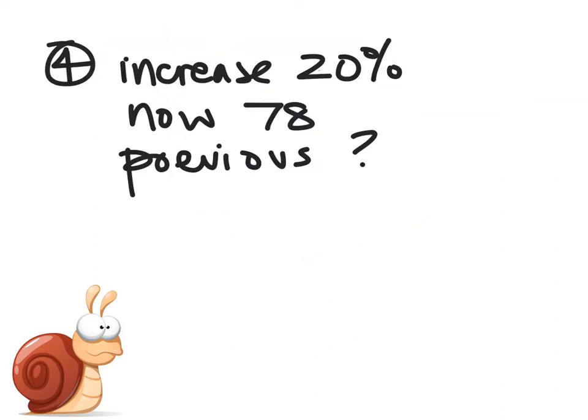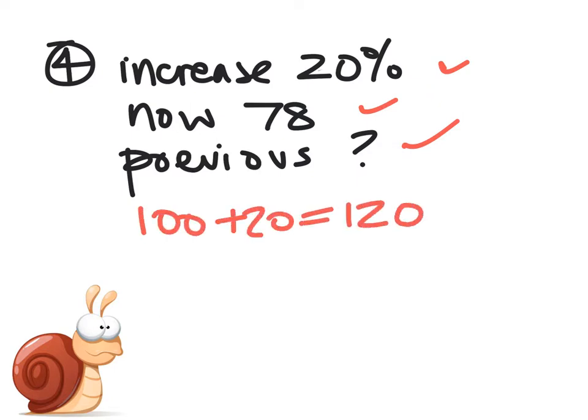Question 4. Okay, Zebedee's mark increased by 20%. It was now 78. What was it previously? So that's the important bits of information. So if it's increased, it's 100 add 20, which is 120%. So you've now got 120% is equivalent to 78 marks.